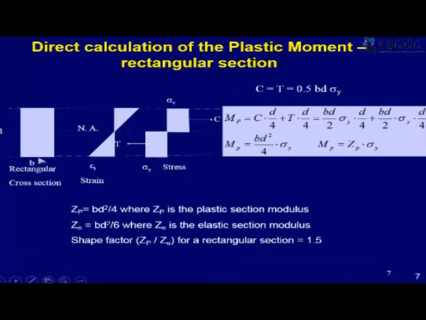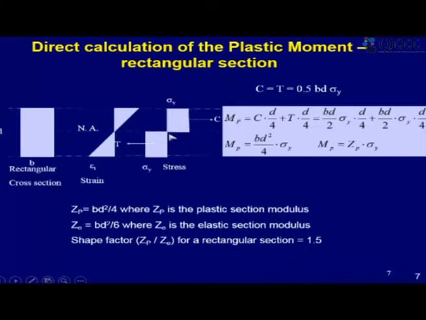Okay, so let's first start with a rectangular cross section, and we see the strain distribution, where we are again assuming plane sections continue to remain plane even after the yielding has commenced. Okay, so that is an assumption on which we keep the strain linear, and then eventually at Mp the entire cross section has plastified.